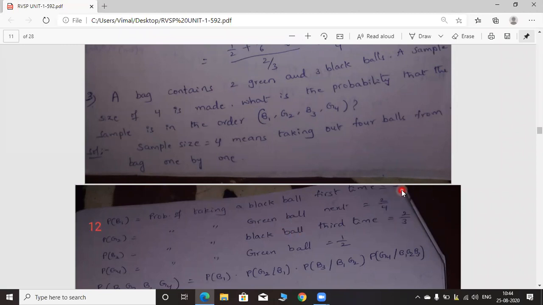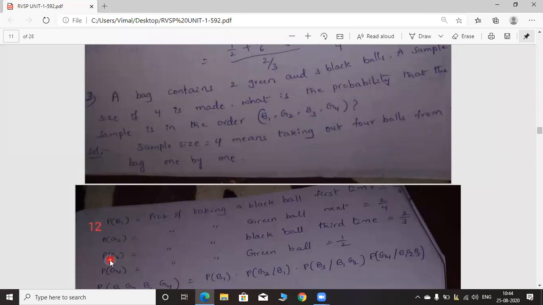After taking one ball from the bag, you have only 4 balls in the bag. After picking the first black ball, we have 4 balls remaining in the bag. So you have to write 4 in the denominator. The second ball should be a green ball. How many green balls do we have? 2 green balls. So you have to write 2 by 4.